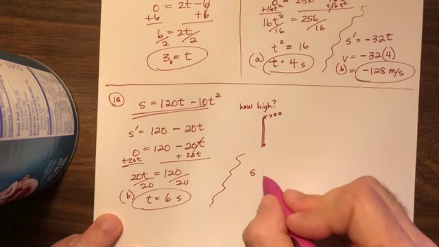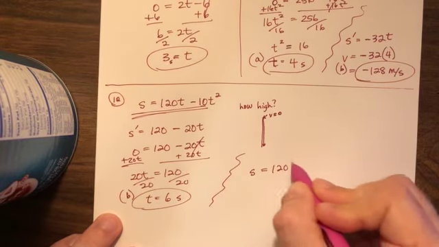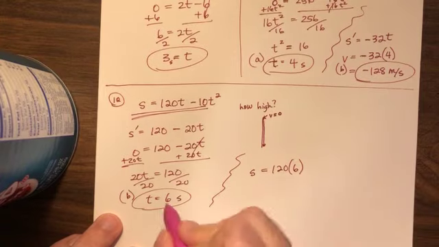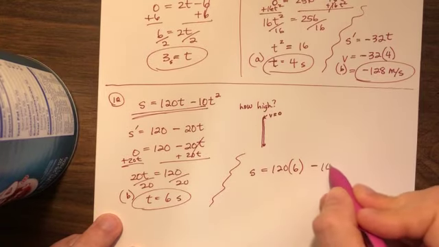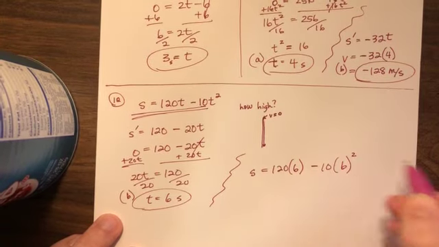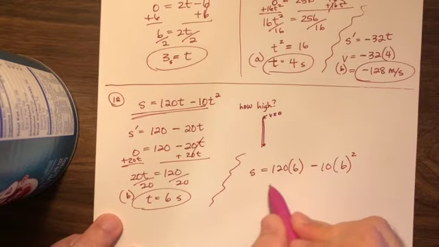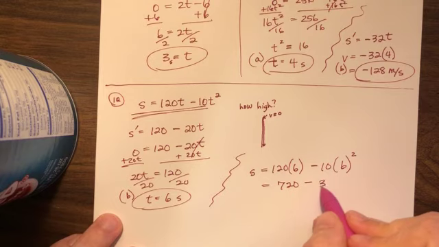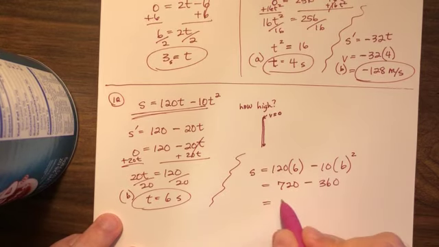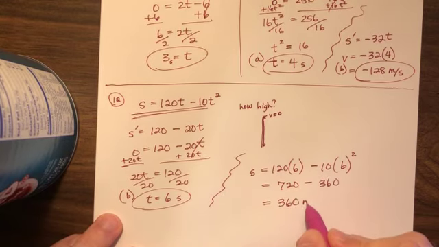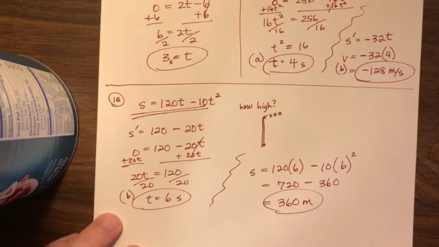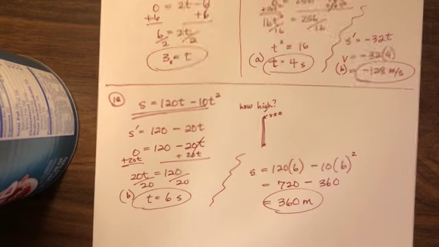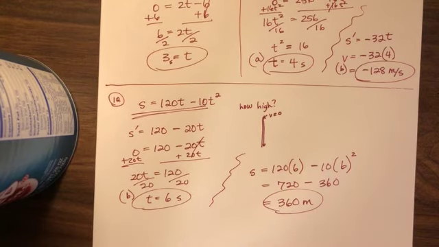So S equals 120, but instead of t, I'm going to plug in 6, the time it takes to get to the highest point. And then 6 squared over here times 10. That will give me 720 minus 36 times 10 is 360. And that gives me 360 meters. That's the highest point. I think that's it. Yes, it is. Okay.